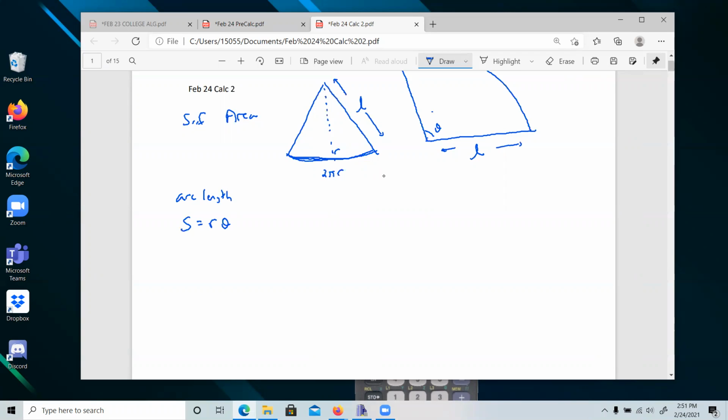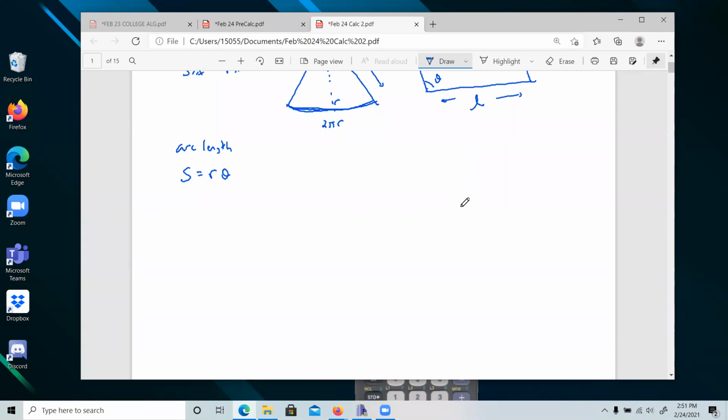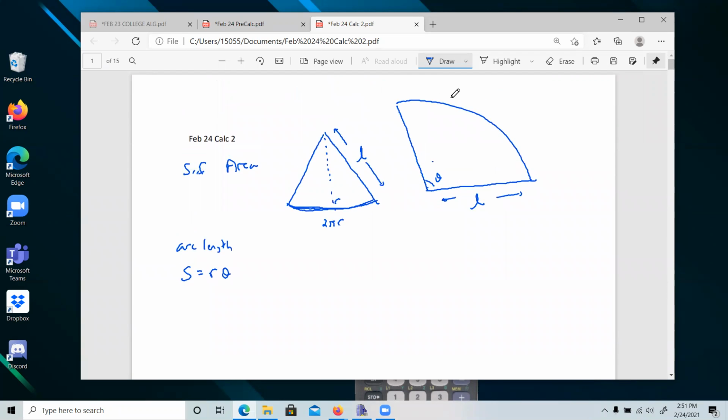It's 2 pi r. So this part of my circle, the arc length, is r theta, and here it is L times theta.